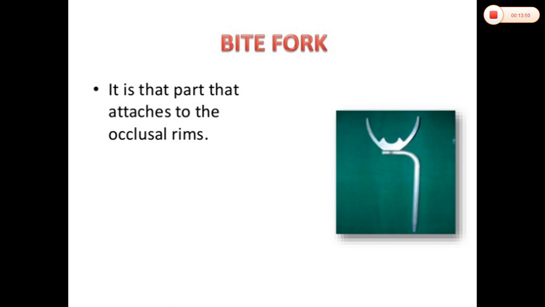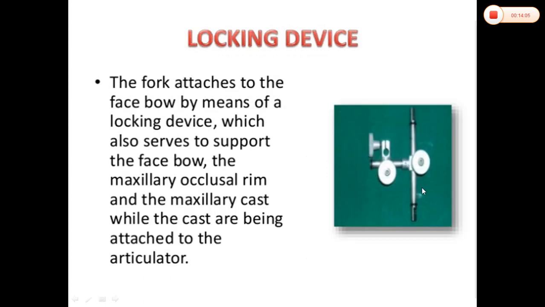This is a bite fork over here, what you are seeing. It is attached to the occlusal rings, so that this bite fork is connected to this locking device over here, which helps in supporting the face bow and the maxillary occlusal ring during mounting of the maxillary cast, or during attachment of the maxillary cast to the articulator.